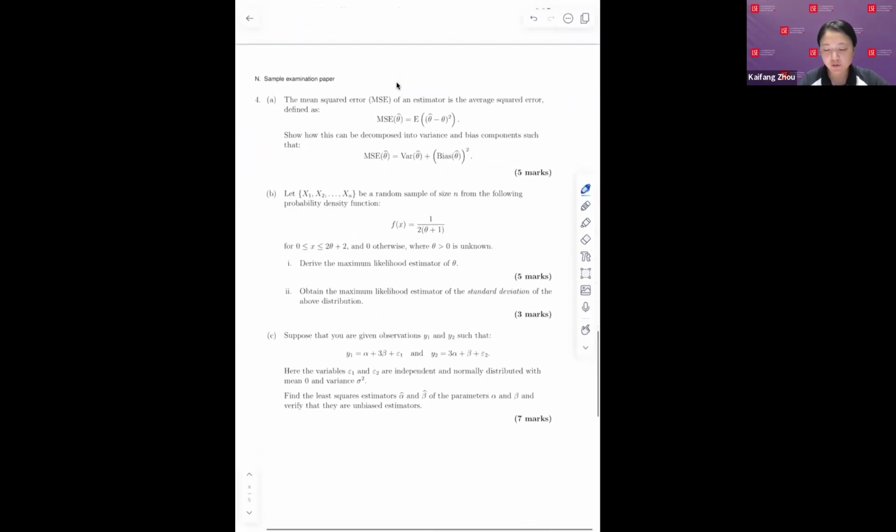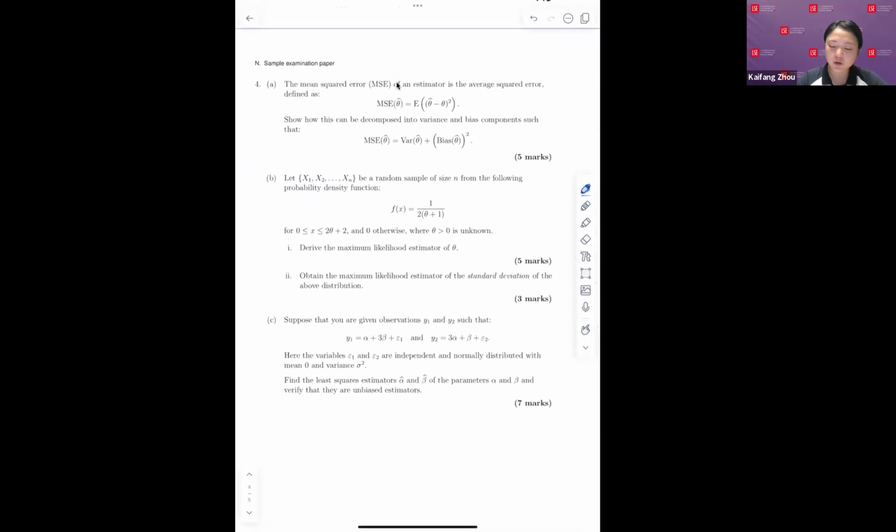And then 4A. From question 4 onwards, it's something to do with the statistical inference part. 4A here is one example to show you what kind of proof question will come out in your exam.